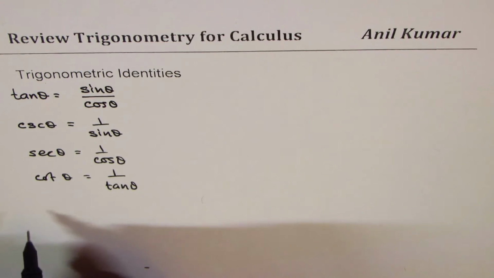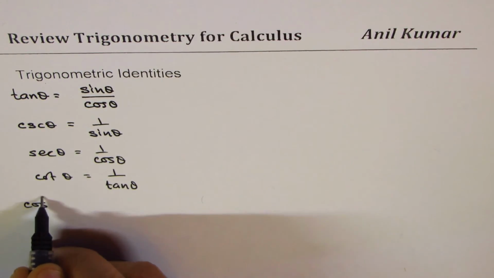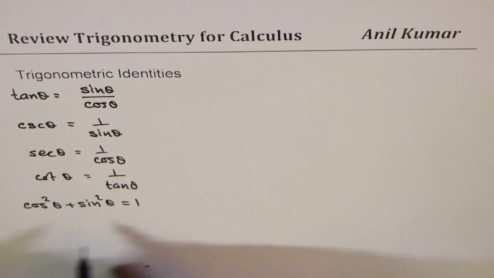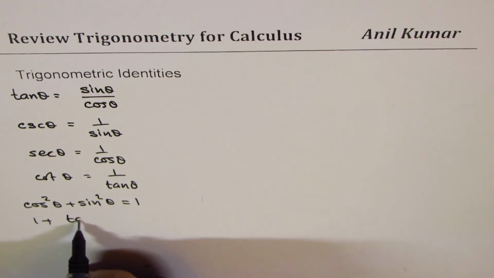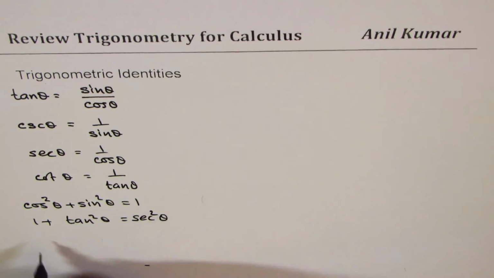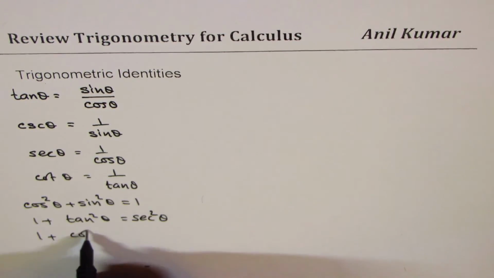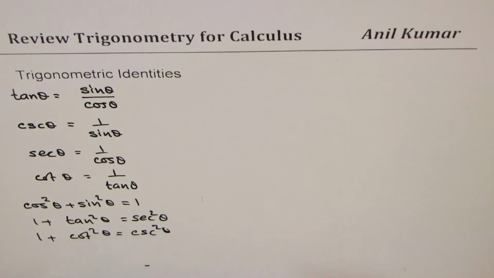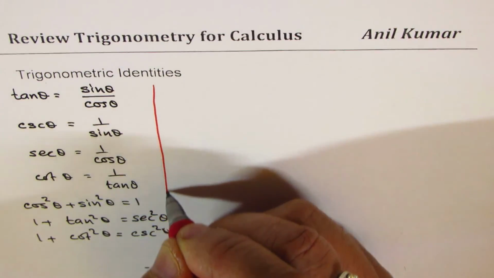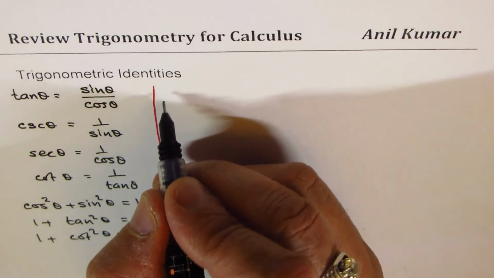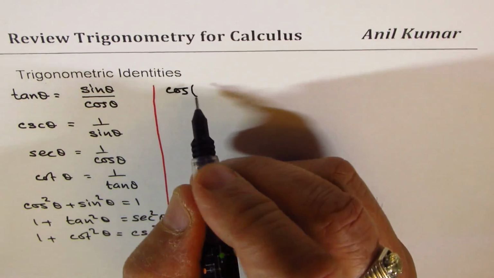And then we learned the Pythagorean identities, which is cos square theta plus sine square theta equals 1. 1 plus tan square theta equals secant square theta, and 1 plus cotangent square theta equals cosecant square theta, right?